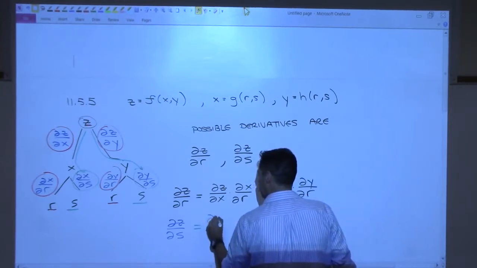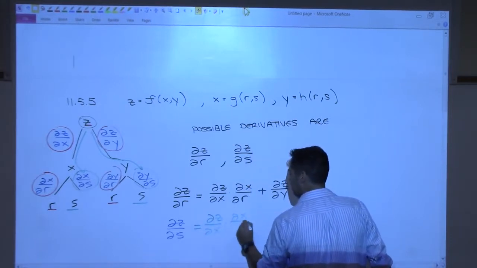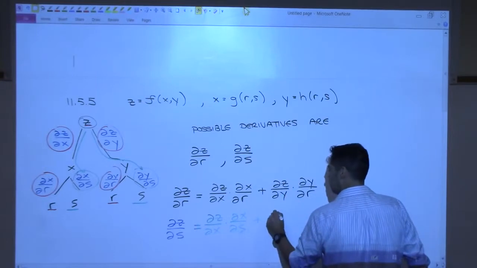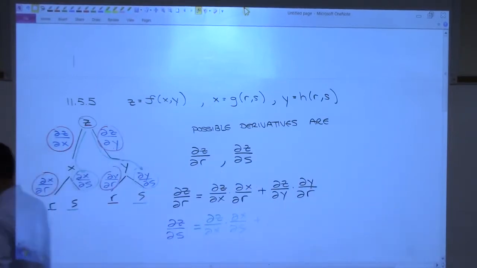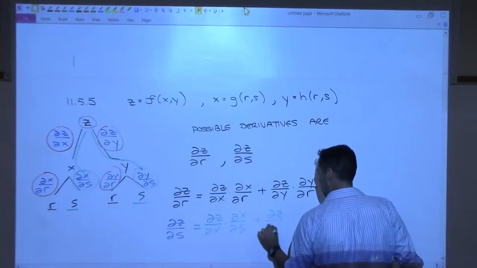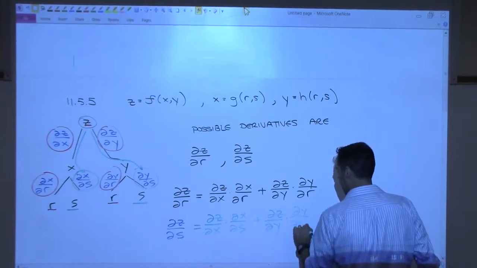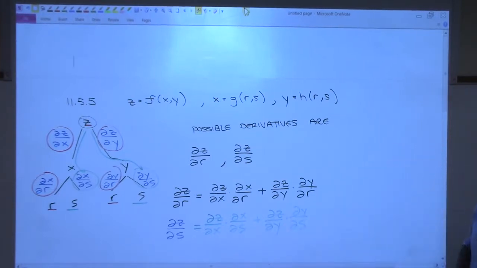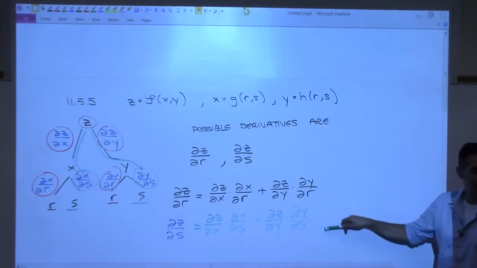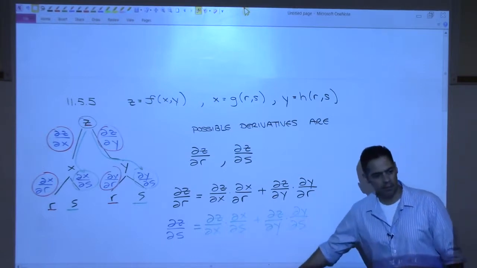This is partial z with respect to x times partial x with respect to s, plus partial z with respect to y times partial y with respect to s. Those are the two derivatives that are possible, and there are the formulas for each one. Is this clicking? Yeah? Okay.